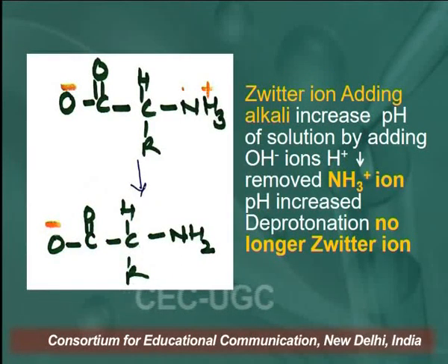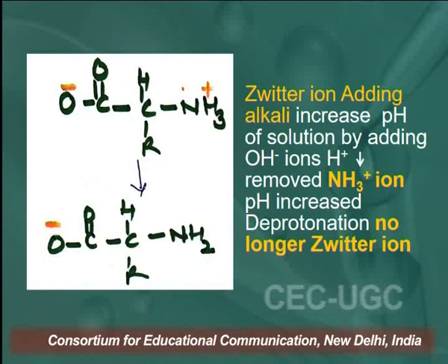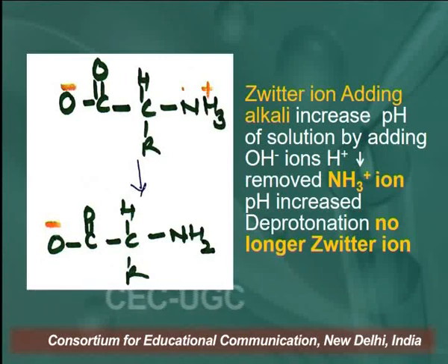Similarly, what happened when we add a base into the solution of Zwitterion or amino acid? Learners, you can see on your screen, when we add alkali or base, the OH minus reduces the concentration of protons.